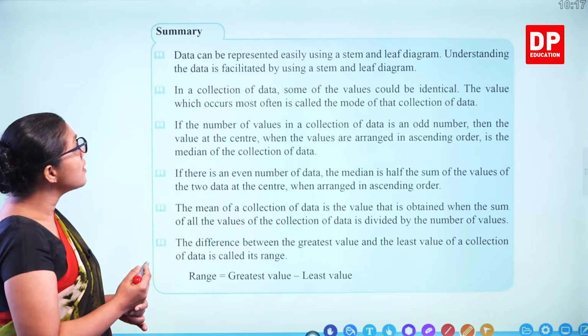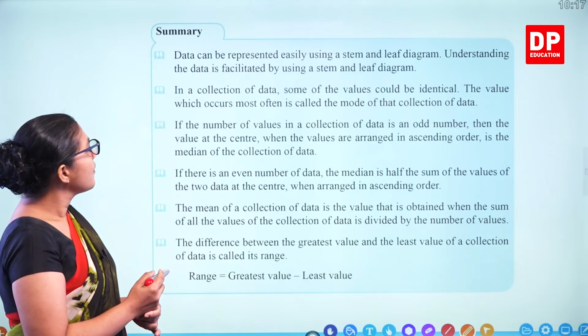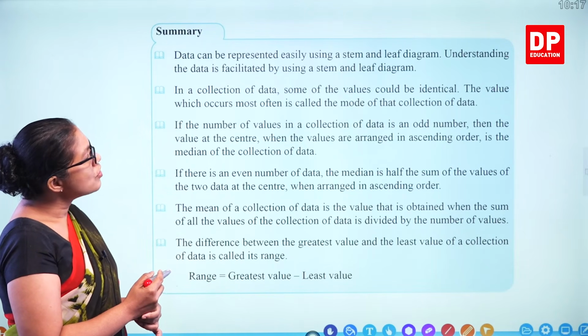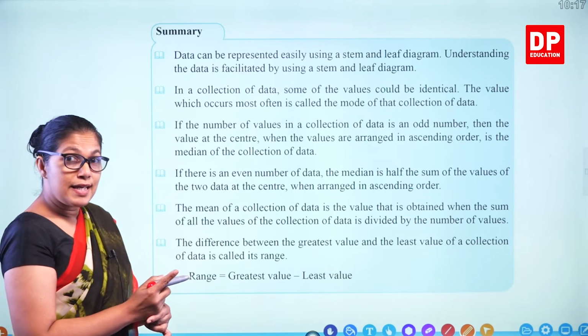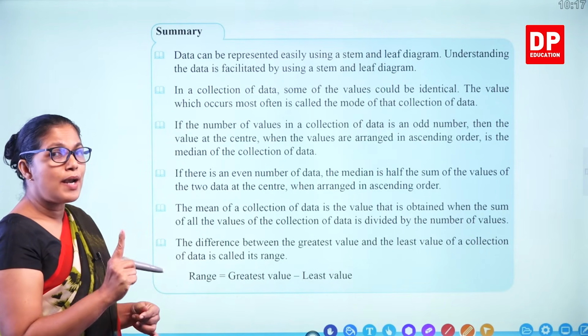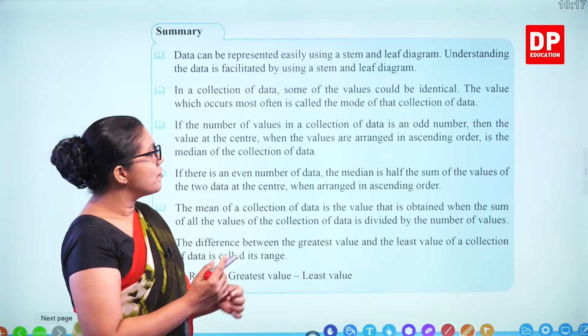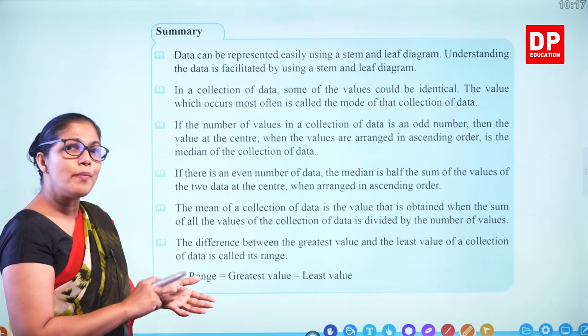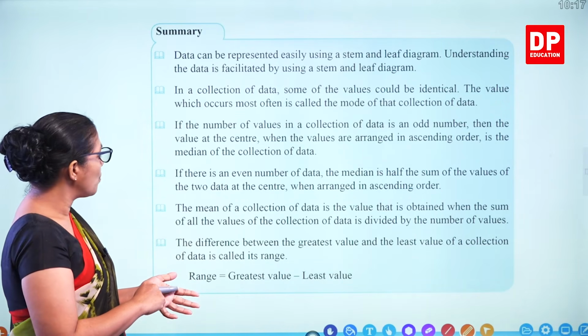The value which occurs most often is called the mode value. And if the number of values in a collection of data is an odd number, when you are finding the middle number, you get one middle number. And if you get an even number of data, you get two middle numbers. So get the sum and divide by 2.